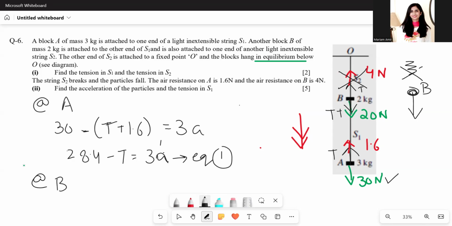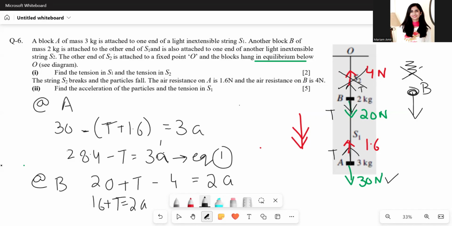So the equation is going to be 20 plus T, forward force. There are two forward forces. One of them is the 20 Newton weight. The other one is the tension in downward direction. Minus, there's a 4 Newton backward force is equal to MA. So this is going to be 16 plus T is equal to 2A.